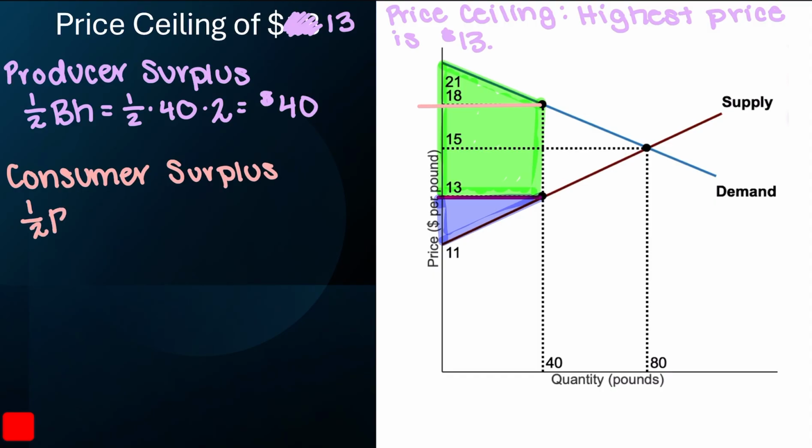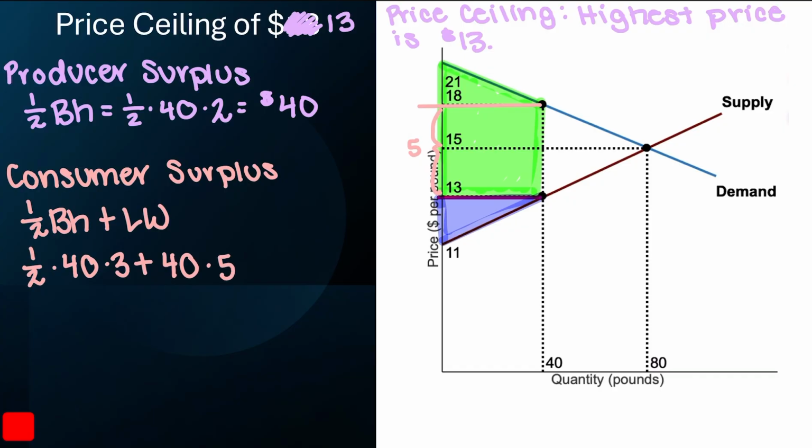So 1/2 base times height plus length times width. So 1/2 times 40 times 3 plus our length times our width. So 40 times 18 minus 13, this is going to be 5. So this is going to be 60 plus 200 equals 260.